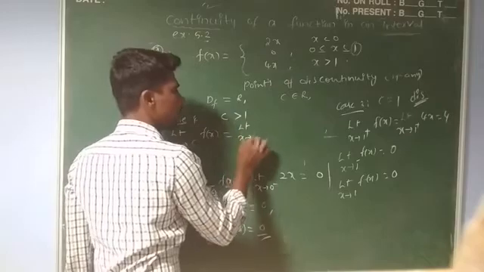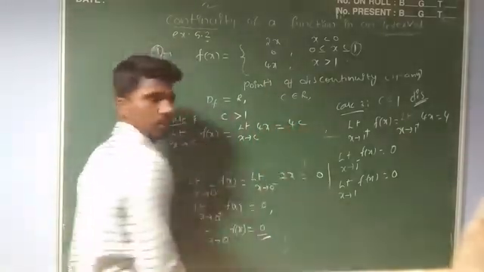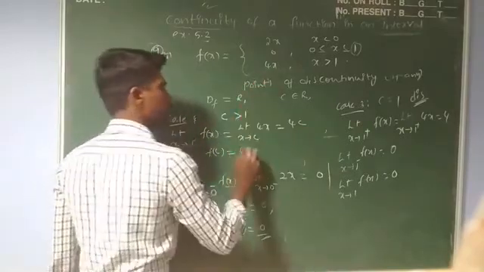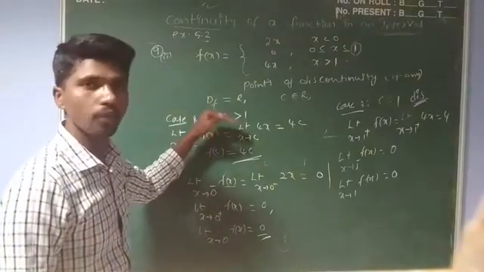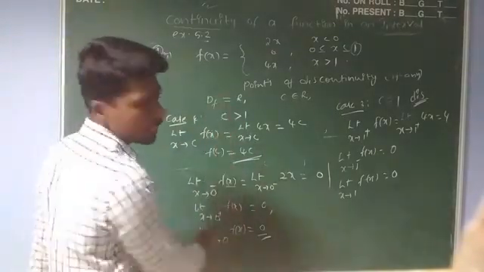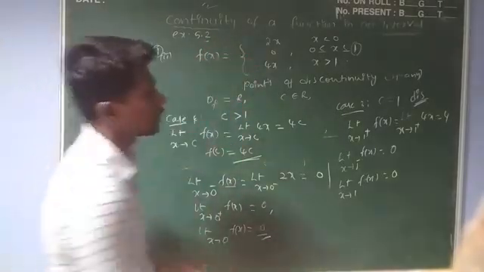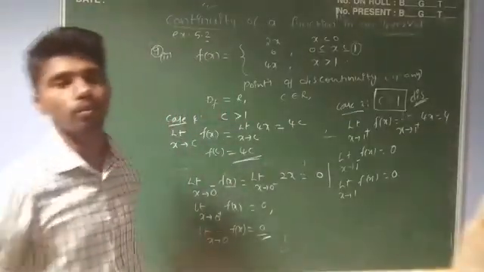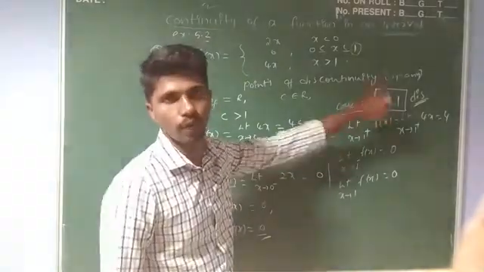Limit as x tends to c of 4x, which is equal to 4c. What is the value of f(c) for x greater than 1? 4c. So the given function is continuous at c greater than 1. So for all these other cases, the function is continuous. The function is discontinuous only at one point, which is nothing but c equal to 1.